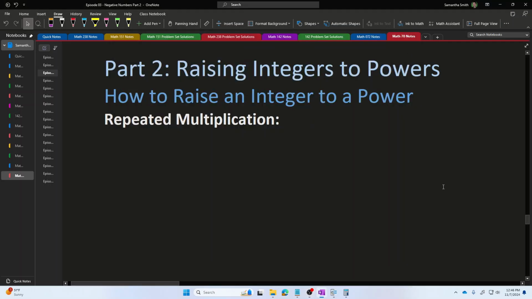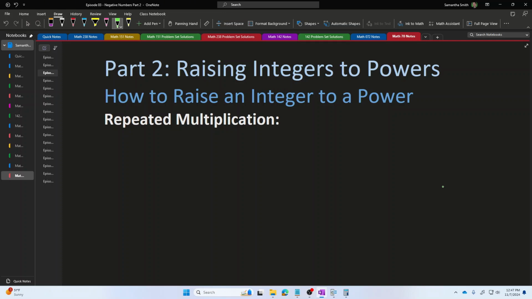In this part of episode 3, I want to talk about exponents as they relate to positive and negative numbers. In other words, I want to talk about raising integers to powers. One way you can always calculate exponents is to think about exponents in terms of repeated multiplication.